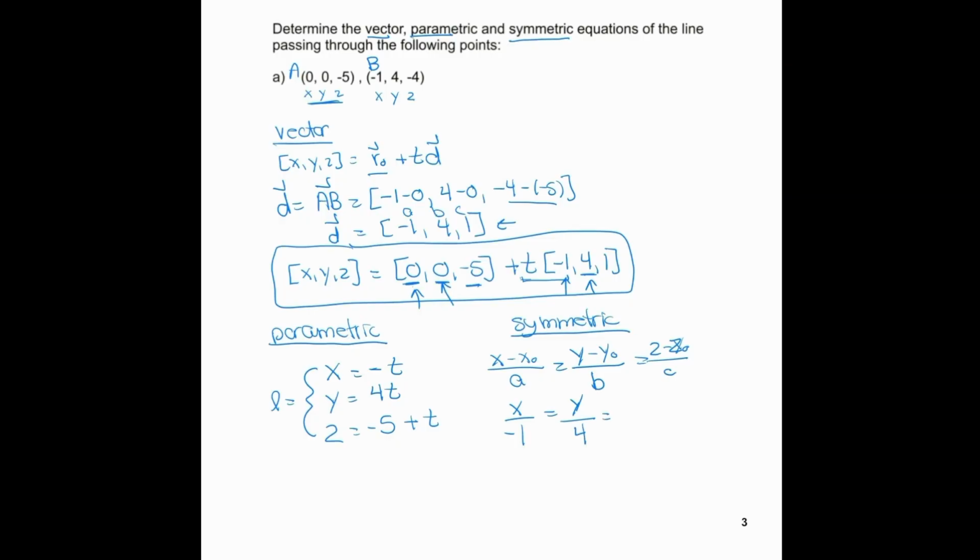Z minus z naught. Now we actually do have a z naught value of negative 5. And so z minus negative 5 becomes plus 5. So we have z plus 5 all over the c value from our direction vector, which was 1. So here is all three forms of our equation.